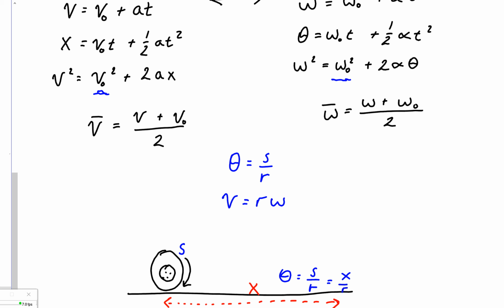And likewise, we know that linear acceleration is equal to r alpha. The only thing you may see different in some textbooks is they will put a little t beside these and refer to those as tangential velocity and tangential acceleration, while I'm using the term linear, which is effectively the same thing. So I don't usually write the little t's in there.